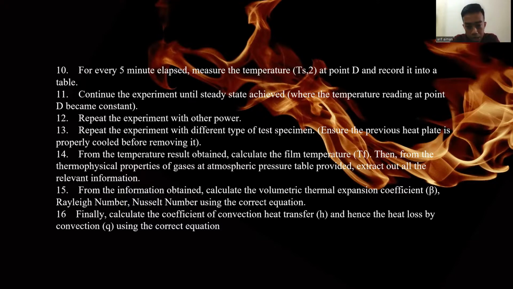Next, calculate the volumetric thermal expansion coefficient, Rayleigh number, and Nusselt number using the correct equations. Finally, calculate the convection heat transfer coefficient and hence the heat loss by convection using the correct equation.